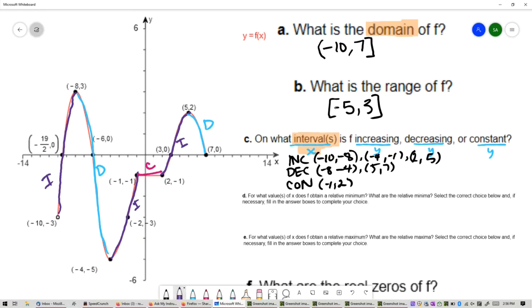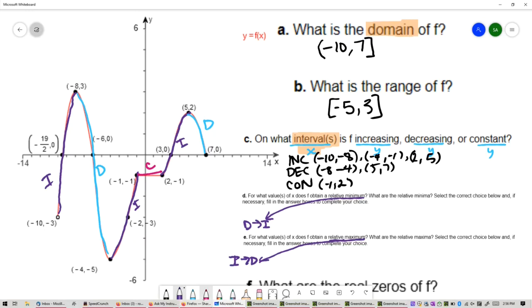So we've got a definition from our book for relative minimum and relative maximum. A relative minimum can be found when you have a change from decreasing to increasing, and a relative maximum is going to occur when we have a change from increasing to decreasing. So we have those on our graph.